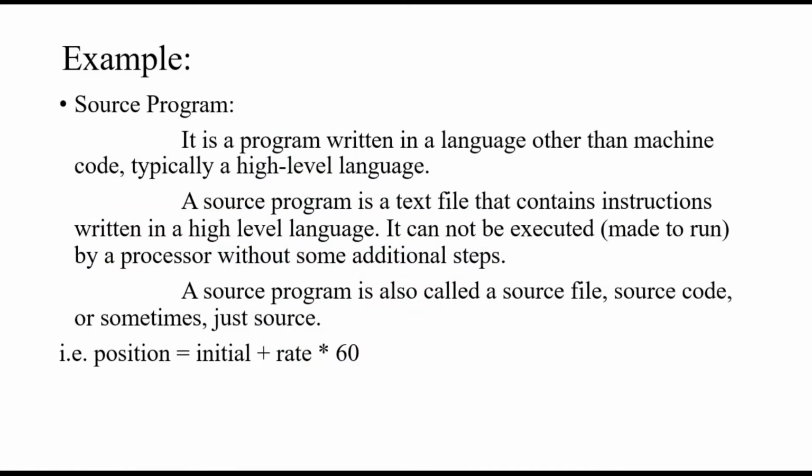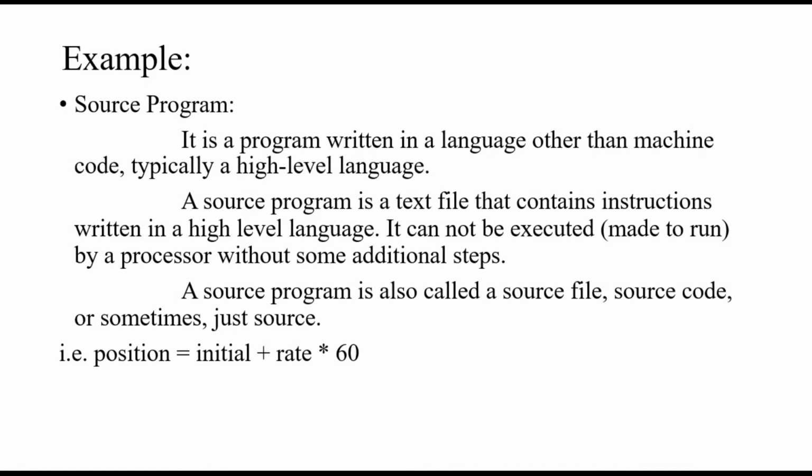So here I show an example which converts the source program into a target program. For example, I consider position = initial + rate * 60 as a source program. You can have any higher level programming instructions as a source program.